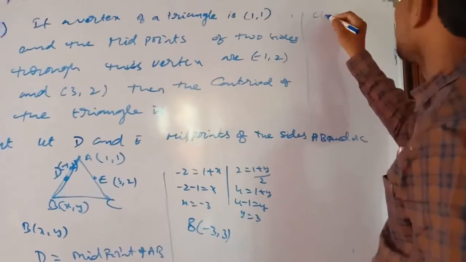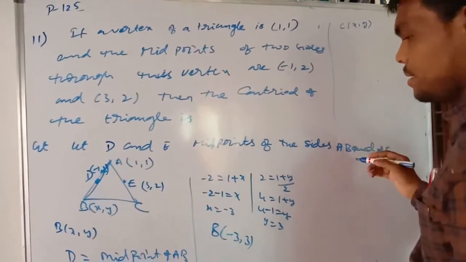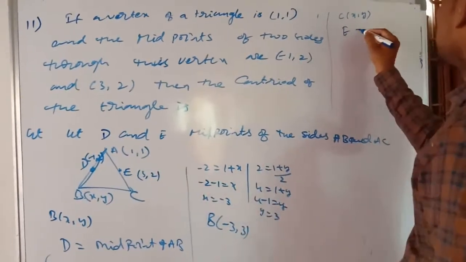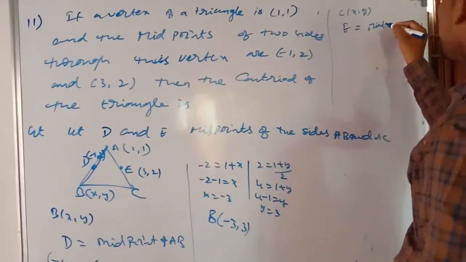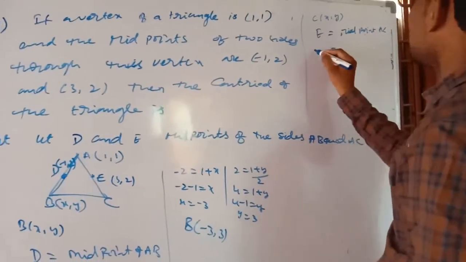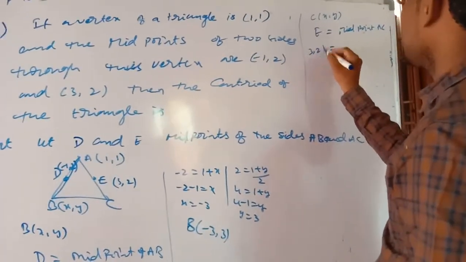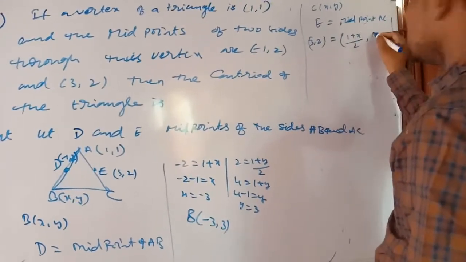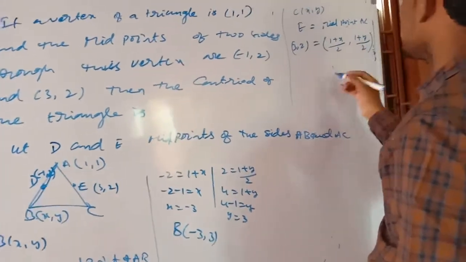Similarly, let's see the coordinates (x, y) of C. Here E is the midpoint of AC. E (3, 2) = ((1 + x)/2, (1 + y)/2).